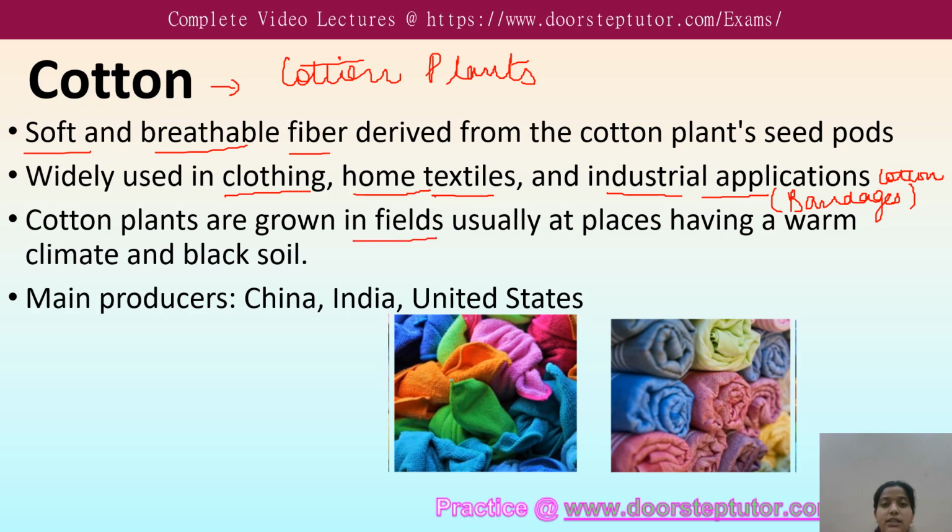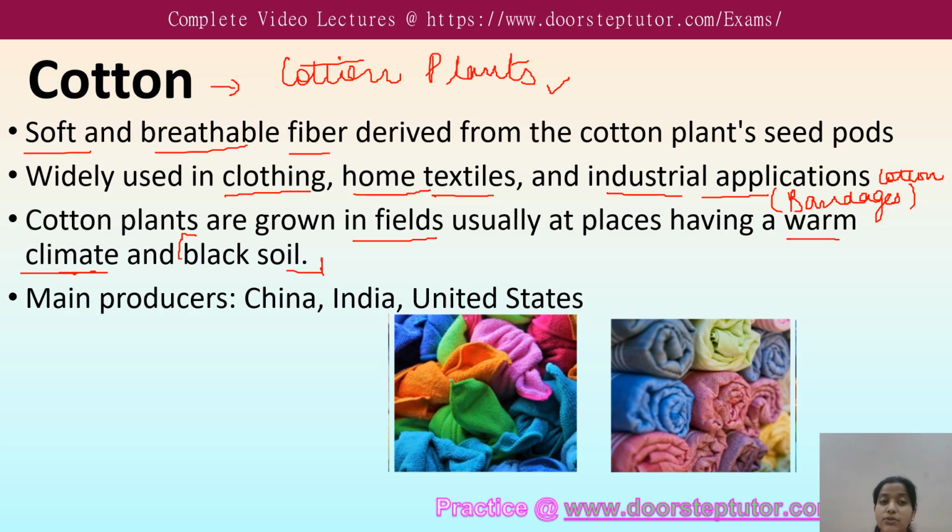Now, cotton plants are grown in fields, and they usually are grown in places which have a warm climate. So they don't grow in places which have a cold climate like Kashmir, but rather in a warm climate you find them growing. And the soil they need is black soil. So the cotton plants proliferate well in black soil.